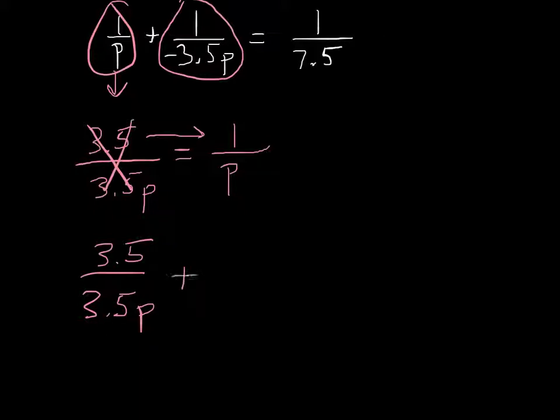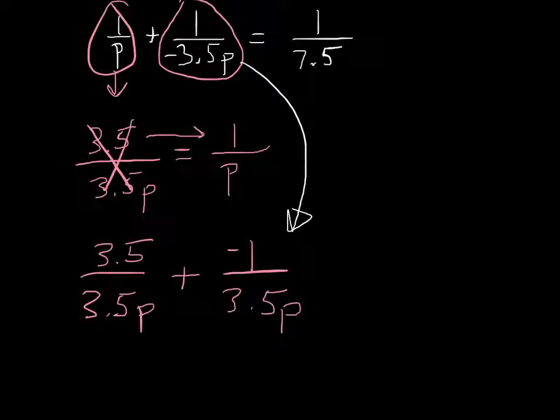And then I have plus my 1 over 3.5p. I'm going to move my negative up top. I can do that. It's just algebra. And I notice that I don't have to do anything to change this quantity. It still matches with the original fraction.